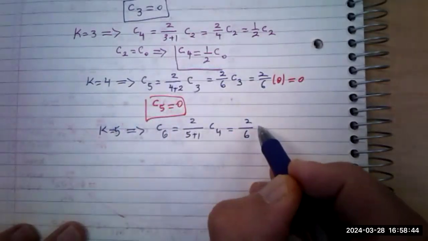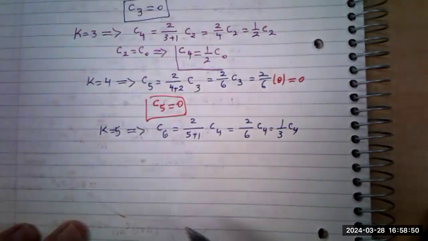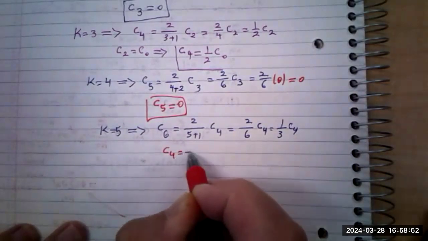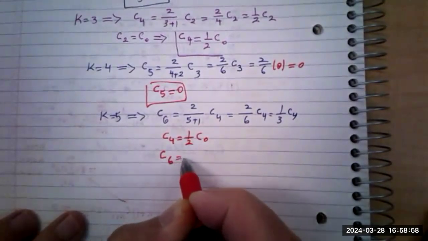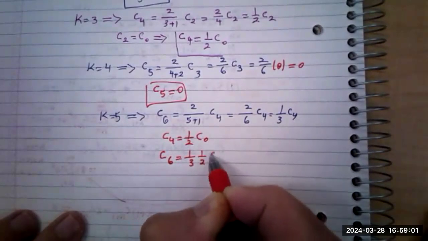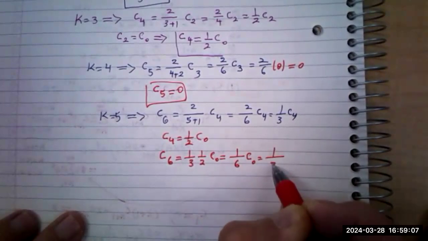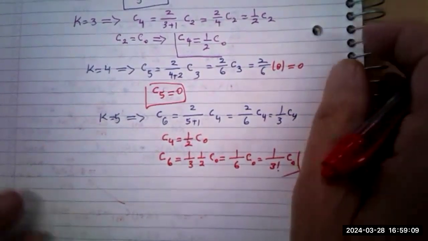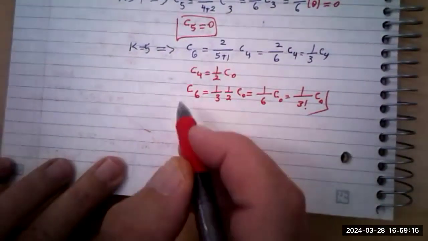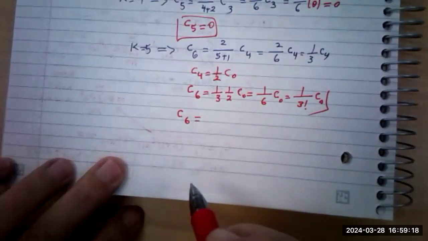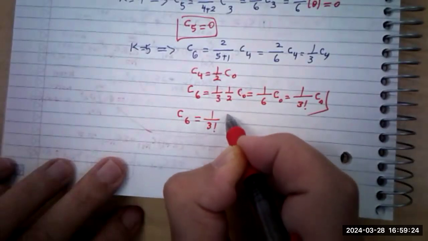We have C4, so C6 is going to be 1/3 of C4. But C4 is 1/2 of C0. So that gives you the fact that C6 is equal to 1/3 times 1/2 of C0. It's going to be 1/6 of C0, and 6 is 3 factorial, so C6 is 1 over 3 factorial C0. That gives an idea of what is going on for this problem.